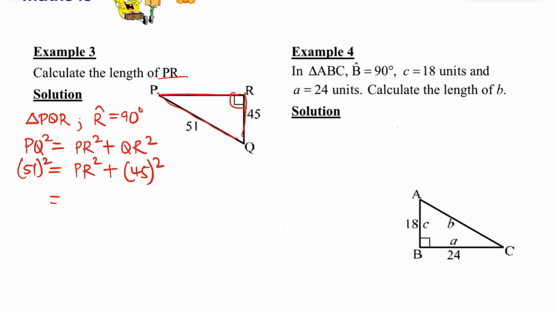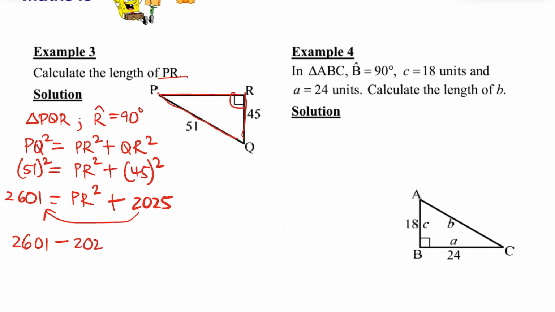And then when you punch 51 square in the calculator, it's 2601, and then you have PR square plus 45 square, which in the calculator is 2025. So what are you going to do? You're going to transpose this to the other side, so you have 2601 minus 2025, the sign changes.